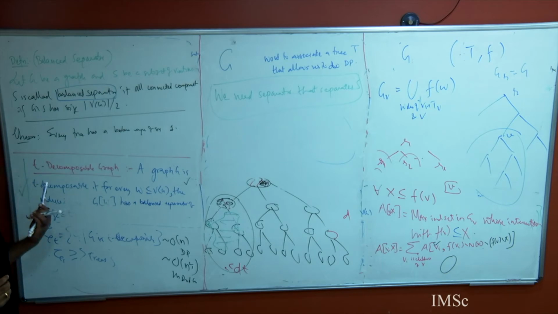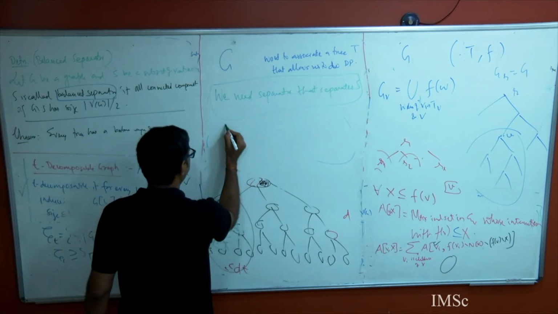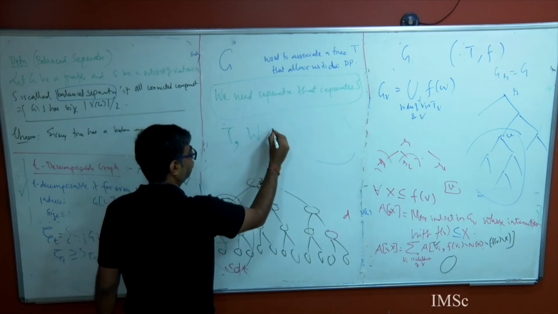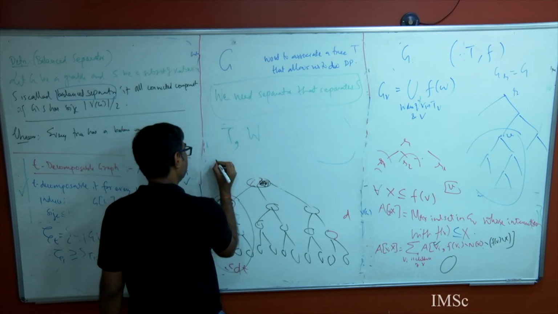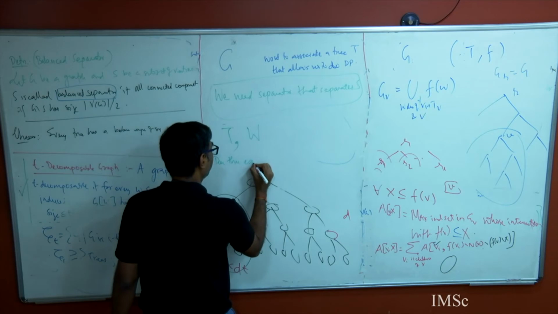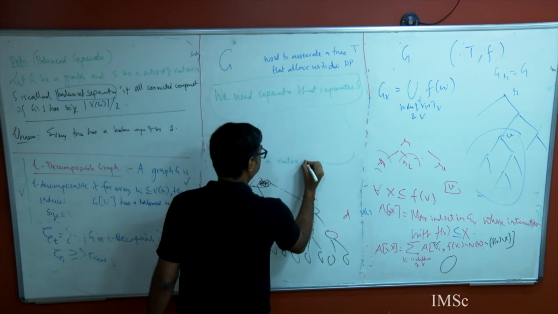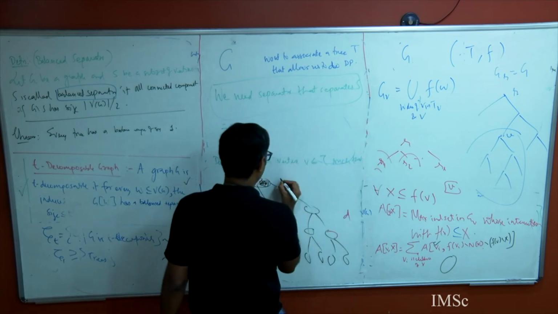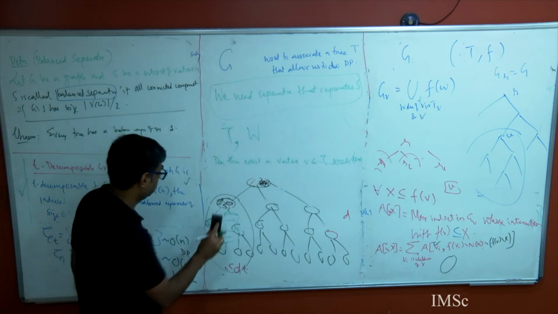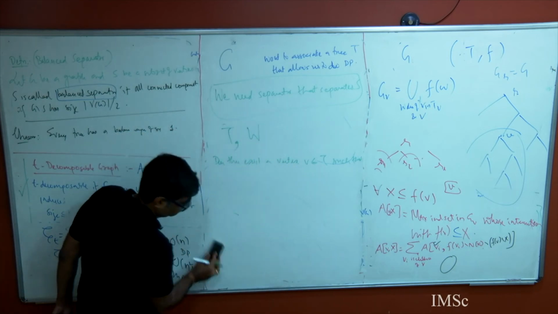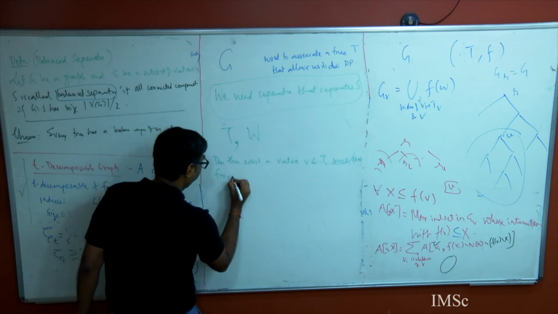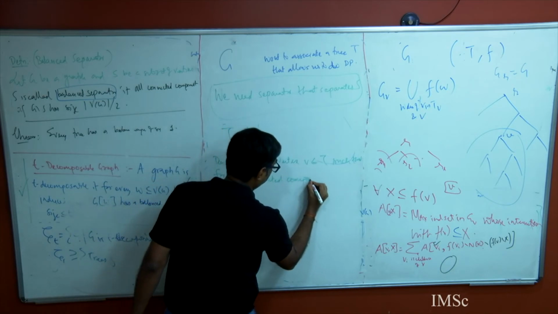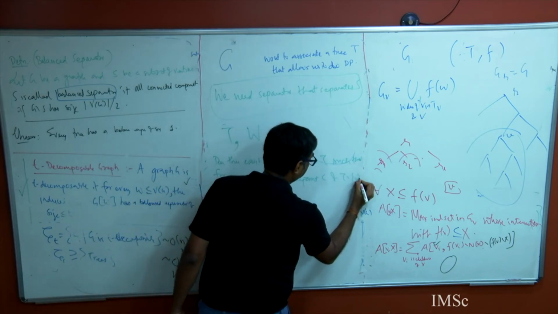Because what is this setting? The setting is you are given a graph G, let us say a tree T, and W, okay, and I am asking, does there exist a vertex V in T such that for every connected component C of T minus V, what do we have?